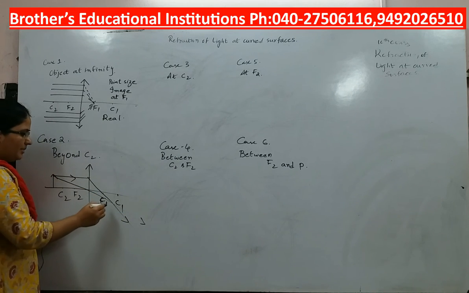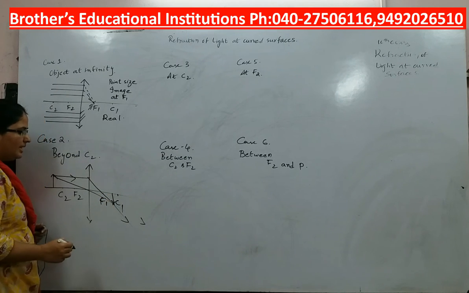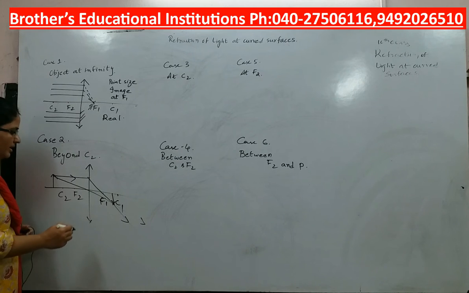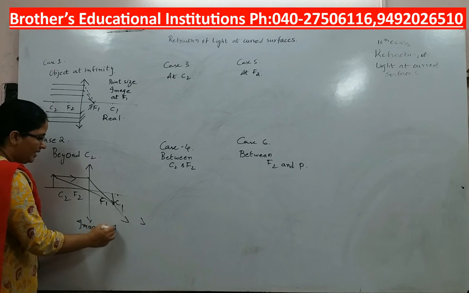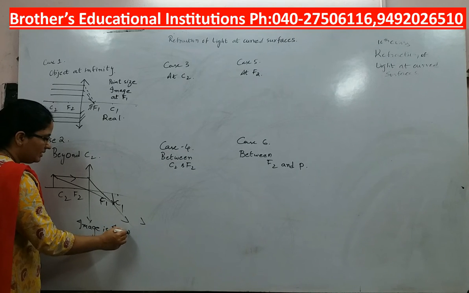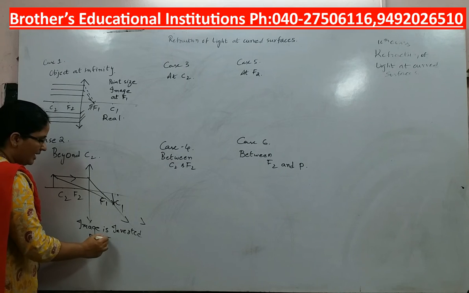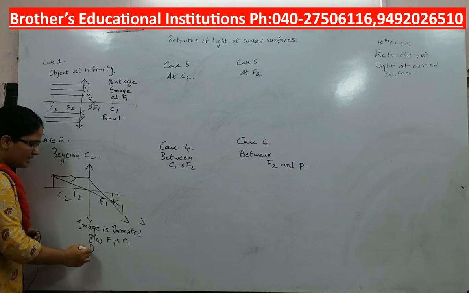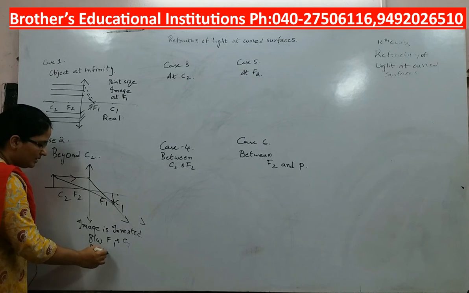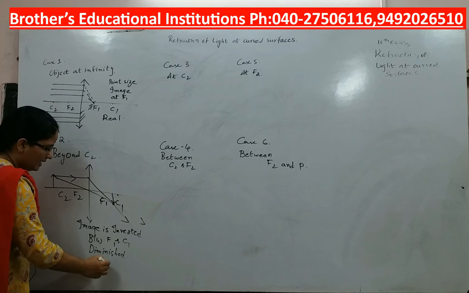So both rays are meeting here. I will draw a perpendicular. This indicates the image. So here the image is inverted. It is formed between F1 and C1, and it is a diminished real image.